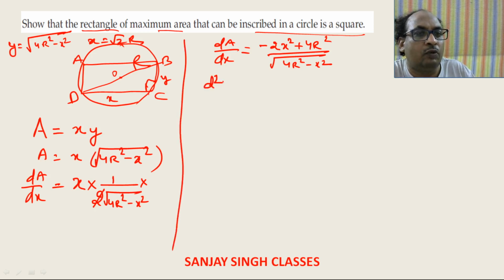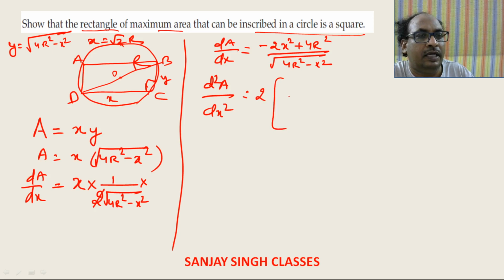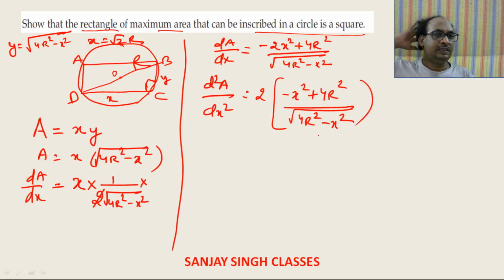So d square a by dx square, the second derivative we need to find. So when we are going for the second derivative, 2 we can take common, and we can write it as minus x square plus 4r square divided by whole root 4r square minus x square.